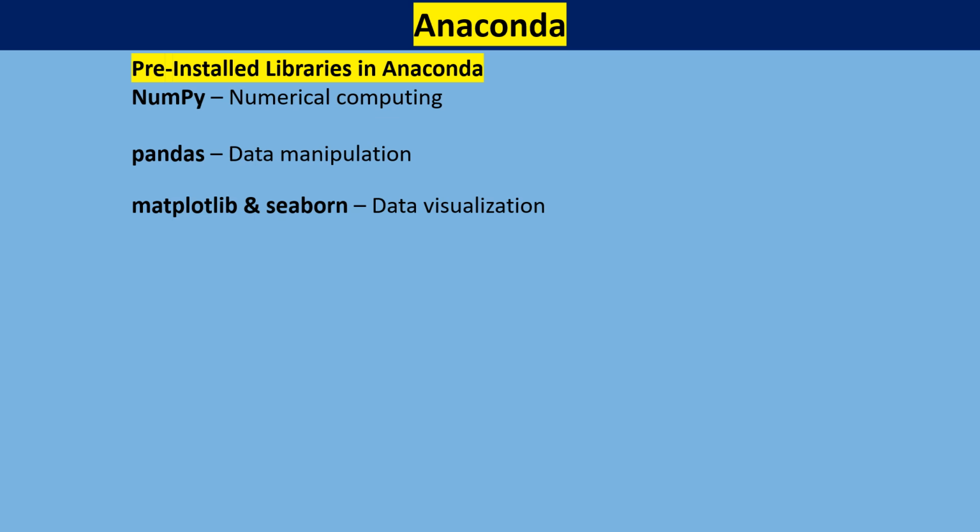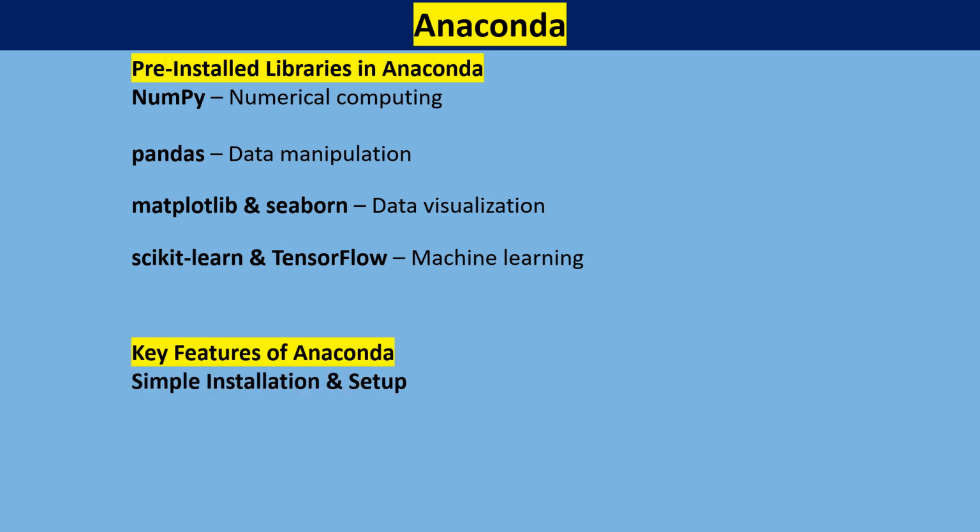For data visualization, these libraries help create visual representations like graphs, charts, and heat maps. Sklearn and TensorFlow for machine learning: Sklearn offers regression and clustering, while TensorFlow supports deep learning models.